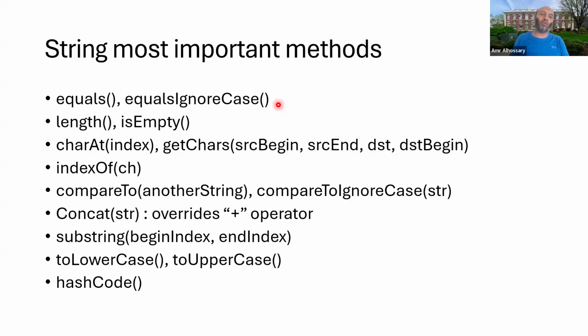So it simply compares the content of the two strings, ignoring the difference of the case of letters between small and capital. There is a function called length, which returns the length of the string, a value that's zero or more.